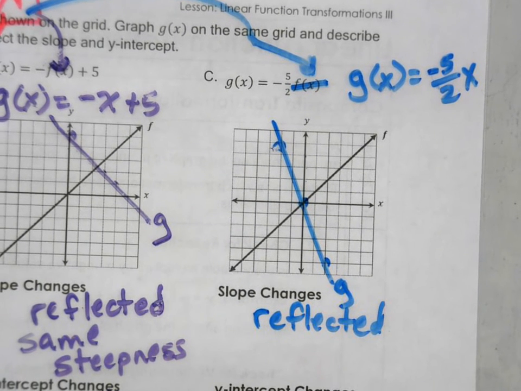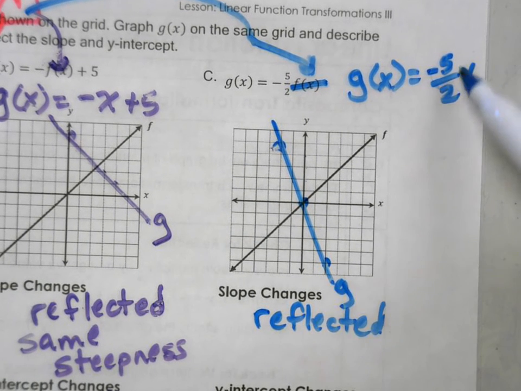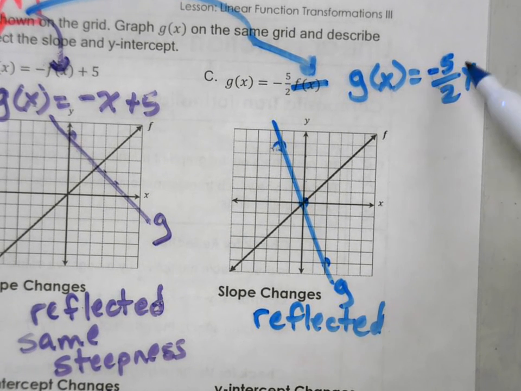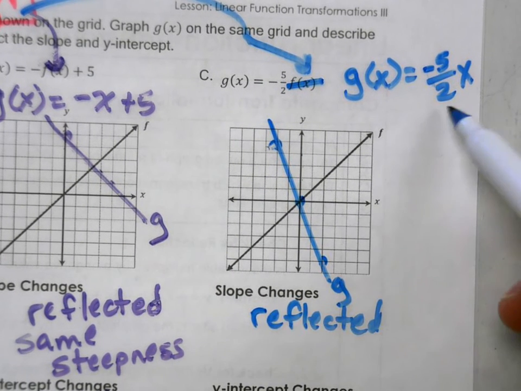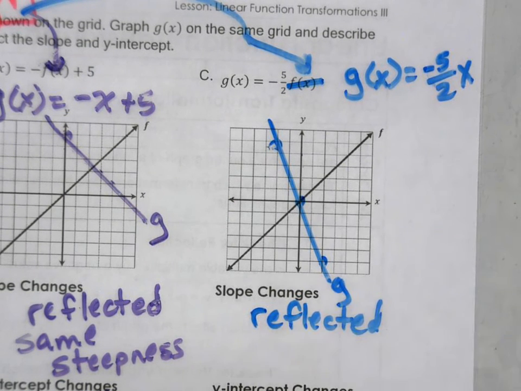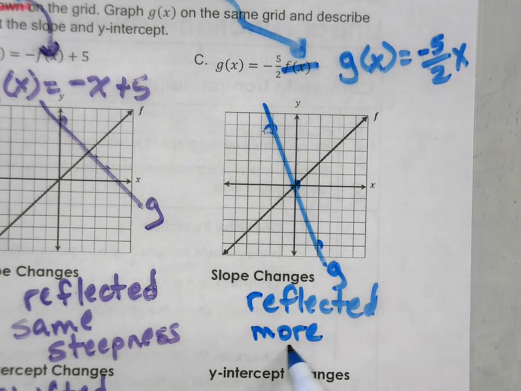Is 5/2 greater than 1 or less than 1? Greater than, because the bottom number is smaller than the top number. So this number is greater than 1, so the steepness is more. It's more steep.